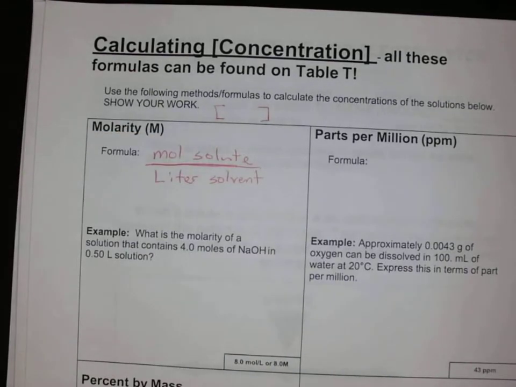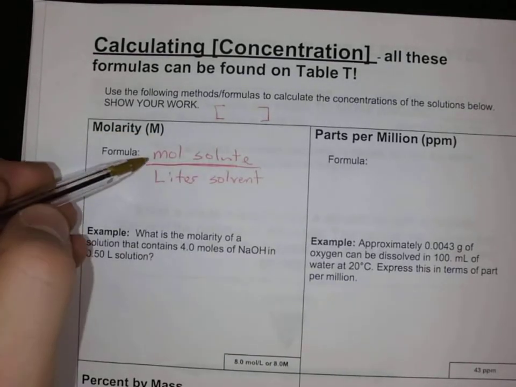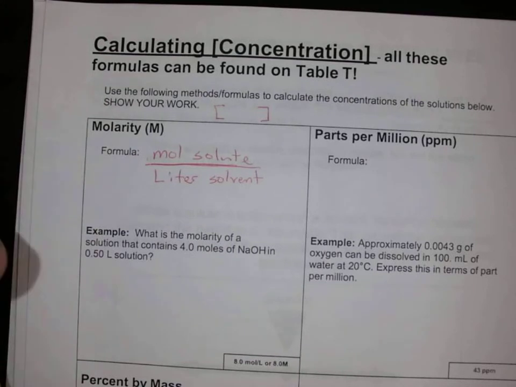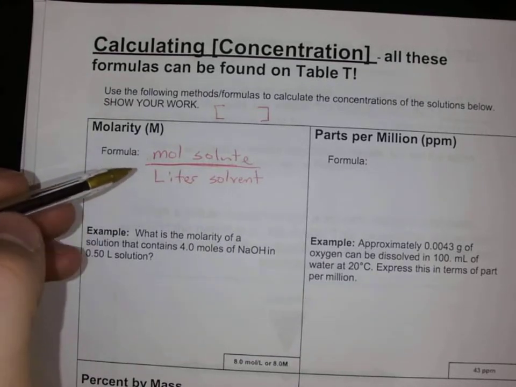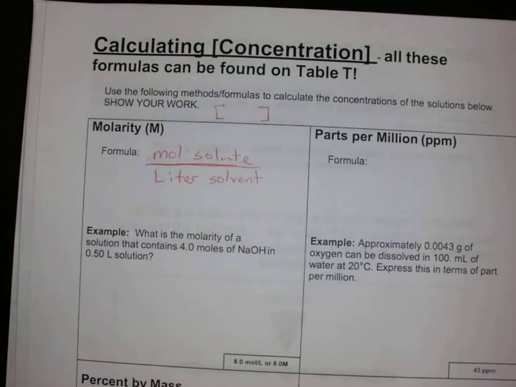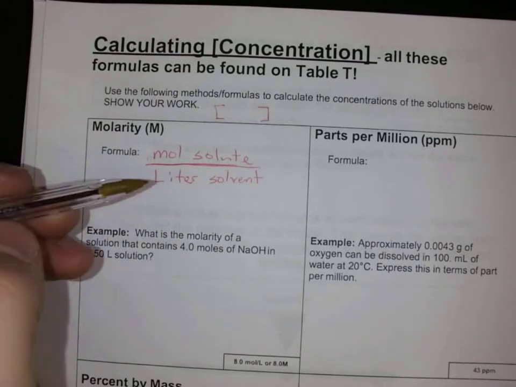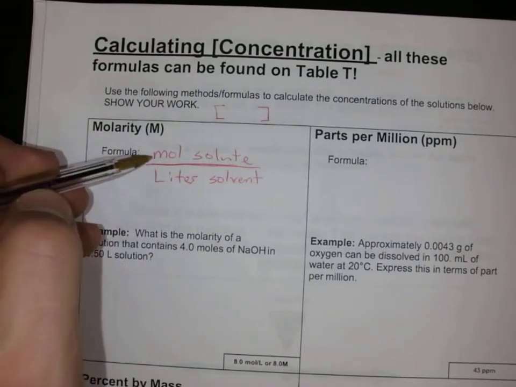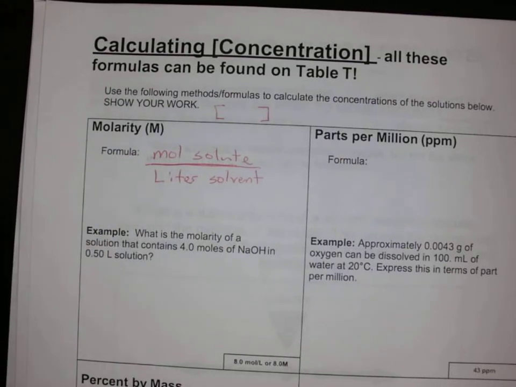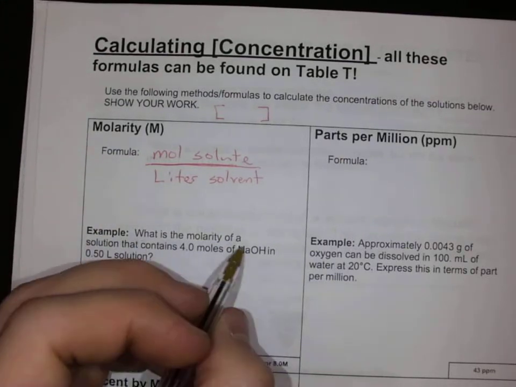So it's pretty easy as long as we can calculate the number of moles of our solute and know the liters of solvent. We can use this as a conversion factor. If we know the molarity of something, we can know how many liters we have, or how many moles we have in there. The big piece with this is that we need to make sure that we use moles of solute and liters of solvent.